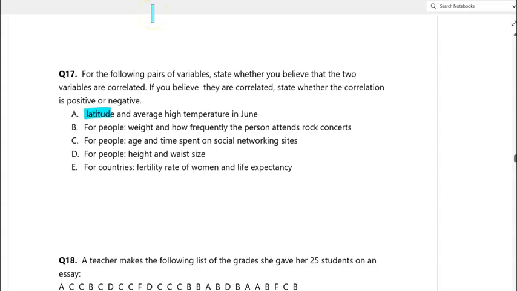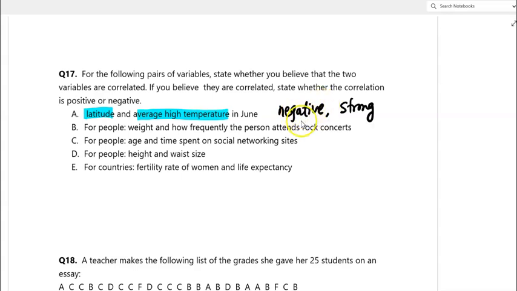The more north you move from the equator, the temperature decreases. You increase the latitude, your temperature is reduced. So it's a negative correlation, because if latitude increases, average high temperature decreases. We can also say strong negative.